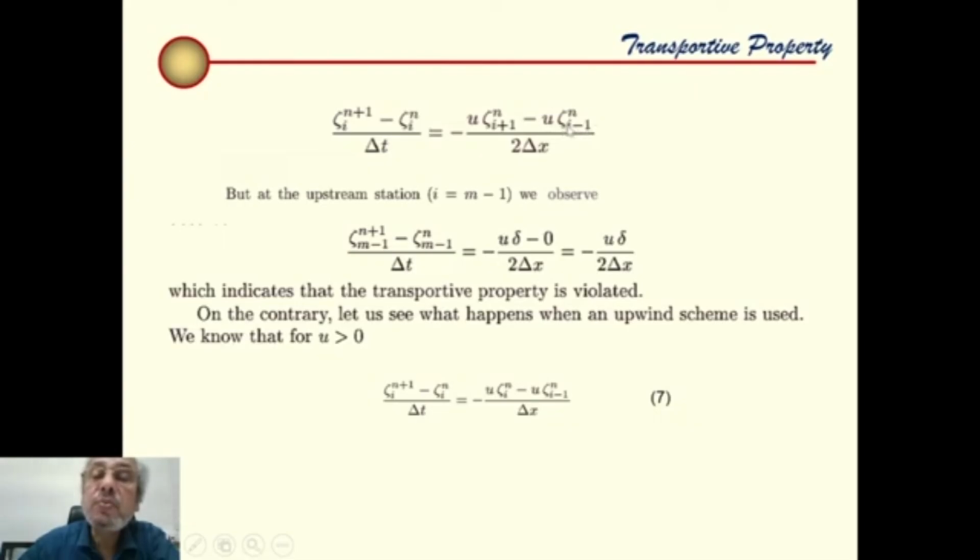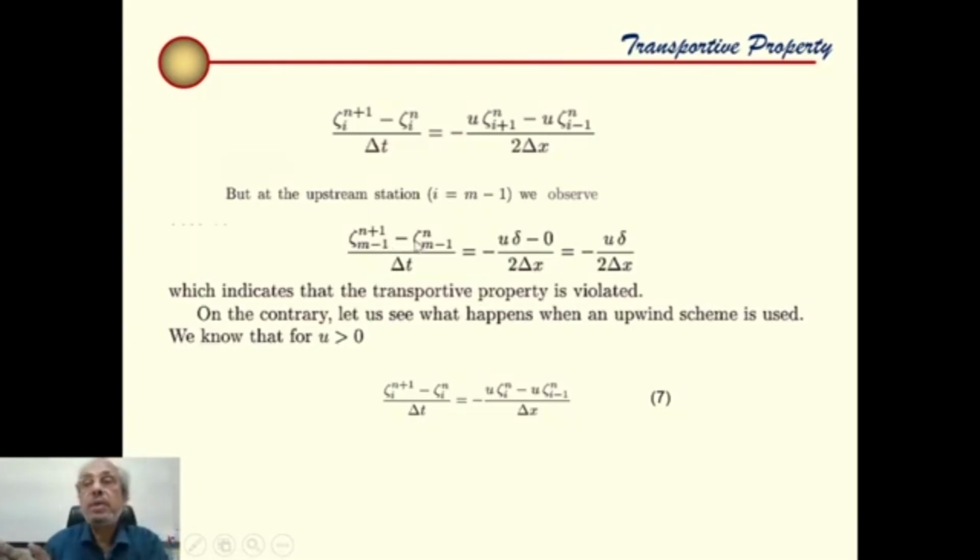At m minus 2 point, nothing is there, and the mth point has the delta perturbation. So we can see this is becoming equal to minus u delta by twice delta x, which indicates that the perturbation is at m, but finally we are observing at the m minus 1th spatial point.